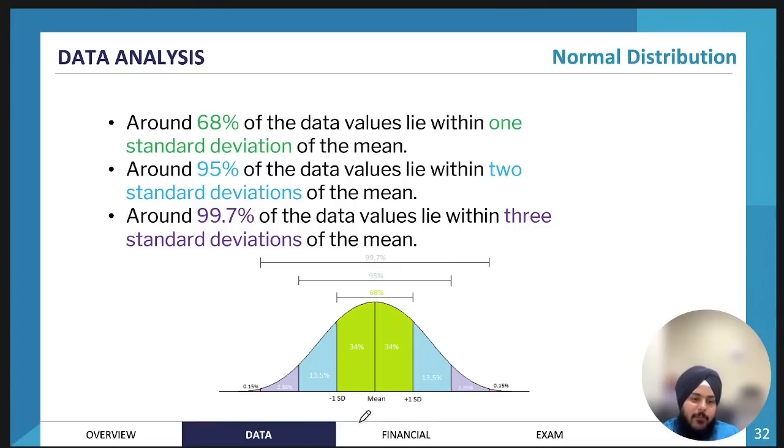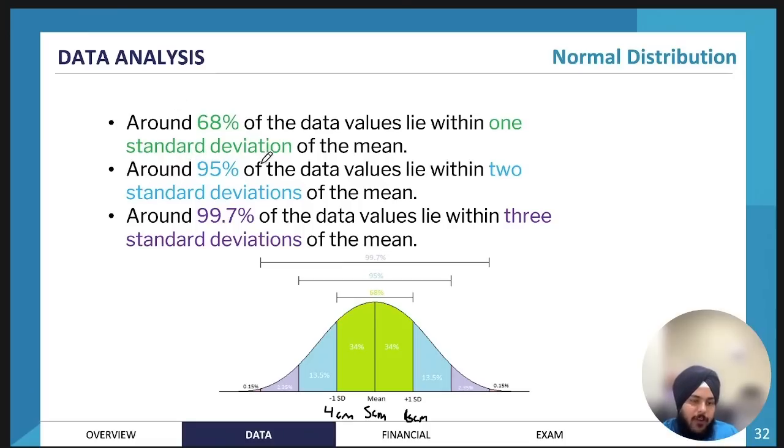Let's just say the mean diameter of the oranges that we were looking at is 5 centimeters, and the standard deviation, or how spread out the data is, is 1 centimeter. So 5 plus 1 is 6 centimeters, and 5 minus 1 is 4 centimeters. What this tells you is that approximately 68% of the data, or 68 of those oranges, will have a diameter between 4 and 6 centimeters.